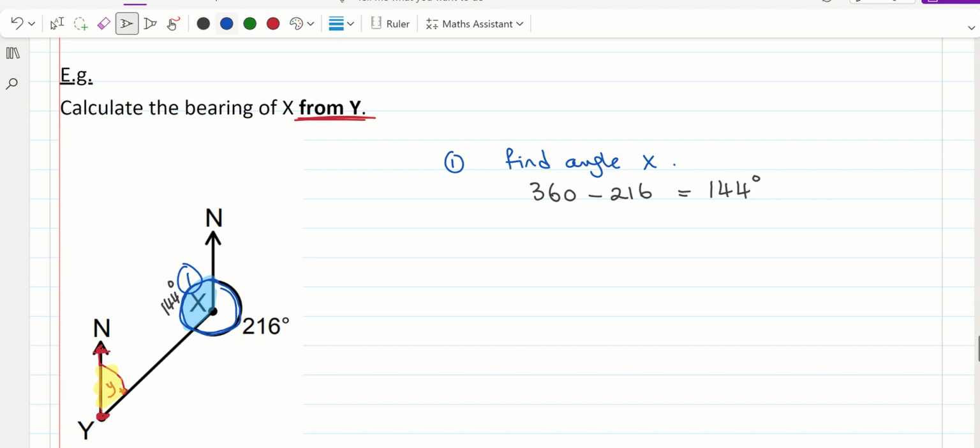And now my step 2 is to find the bearing, which is angle Y. And I know that these are co-interior angles.